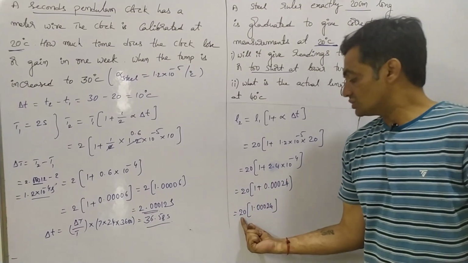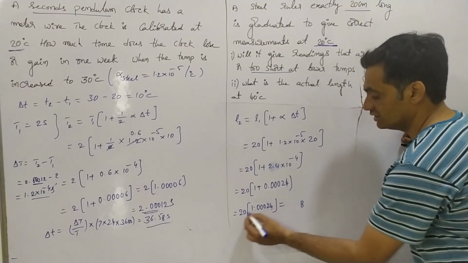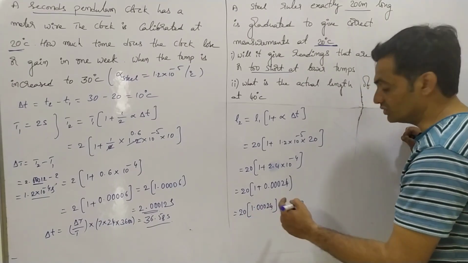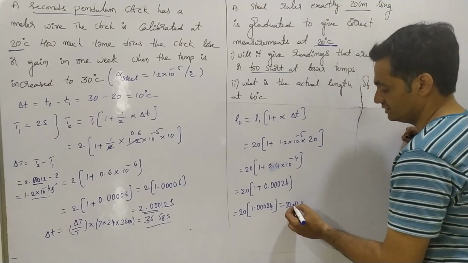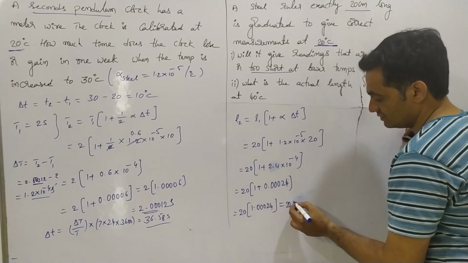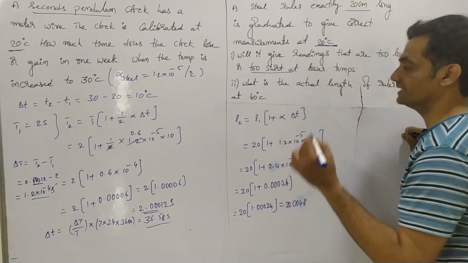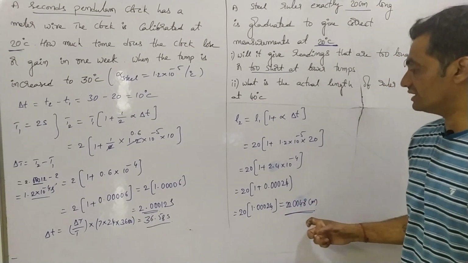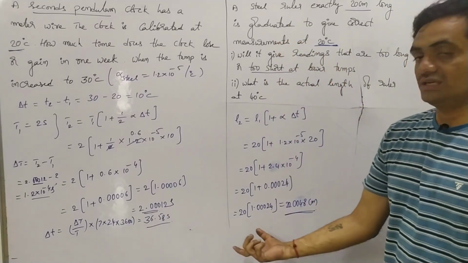When we multiply this, we get 20.004 centimeters. This is the length of the steel ruler at 40 degrees Celsius.